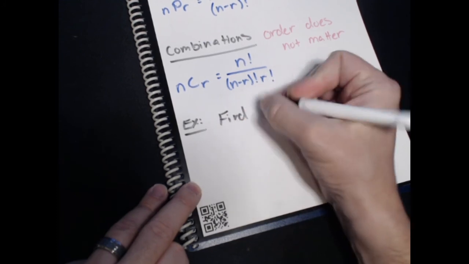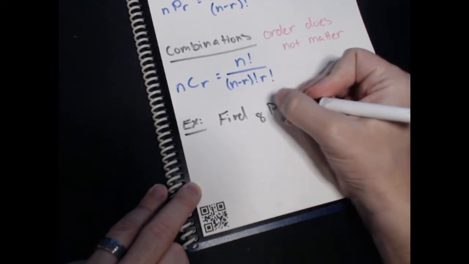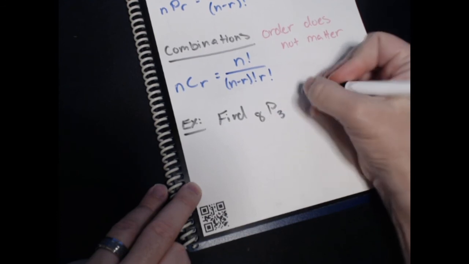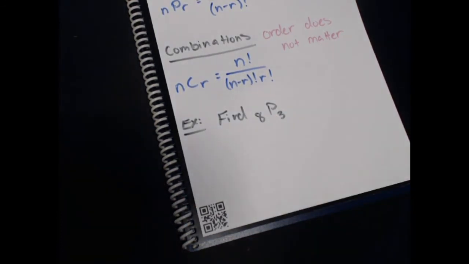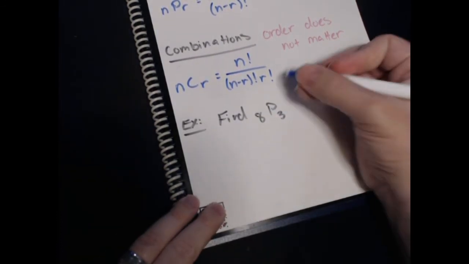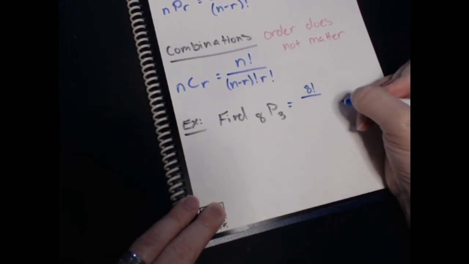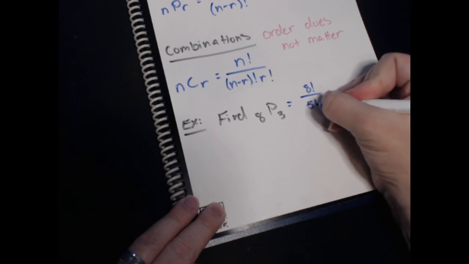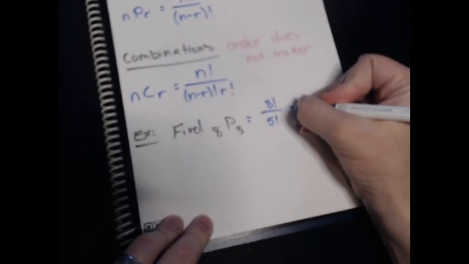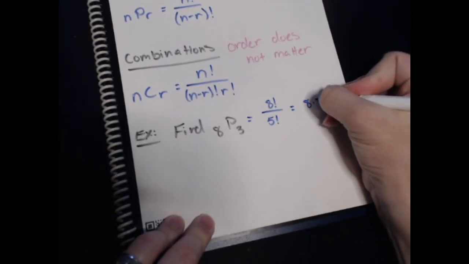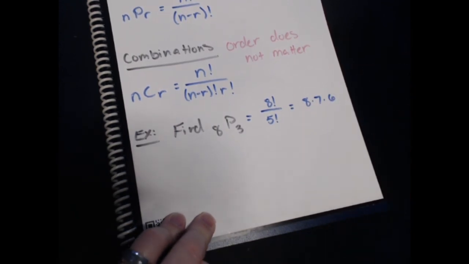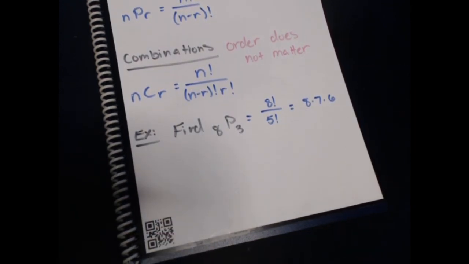find 8P3. Well, if I work that out, it's as simple as going, hey, that's going to be 8 factorial over 8 minus 3, which is 5 factorial. And then that's going to be 8 times 7 times 6, because anything after 5 is going to cancel out because of the denominator.